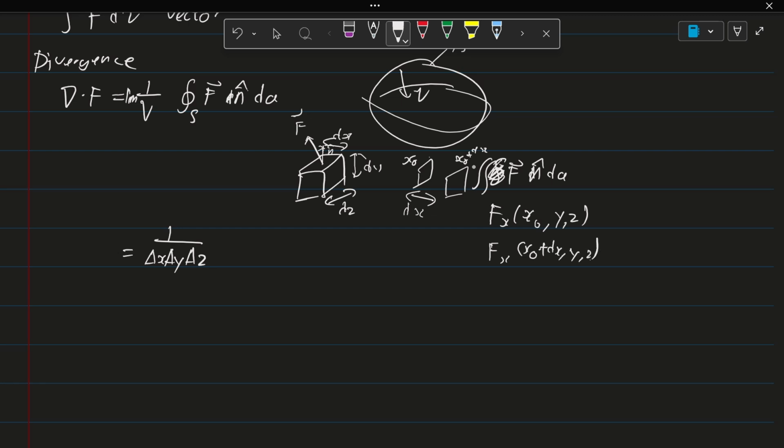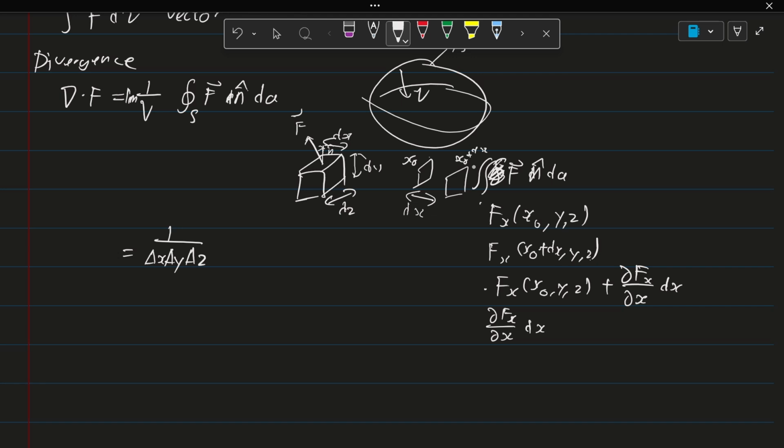Now, a way for you to denote this in terms of differentials is x0, y, z as well as the partial derivative, partial fx over partial x times dx. Now this and this would be subtracted, and thus the total for the opposite sides becomes partial fx over partial x dx.